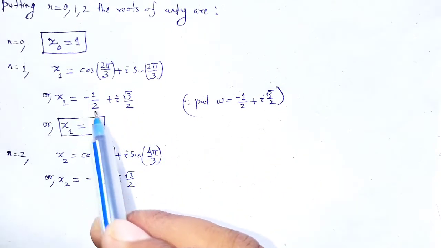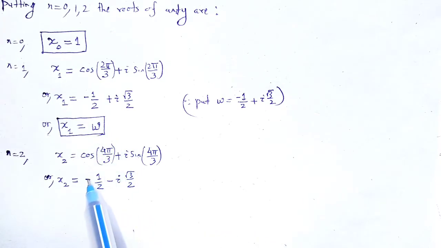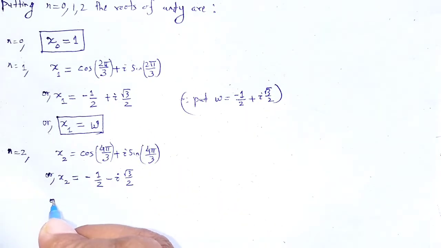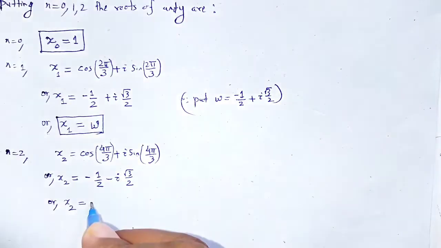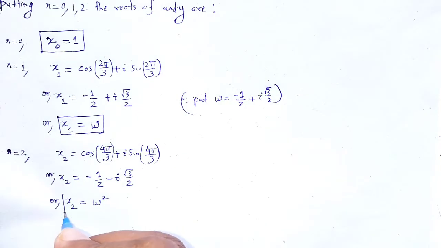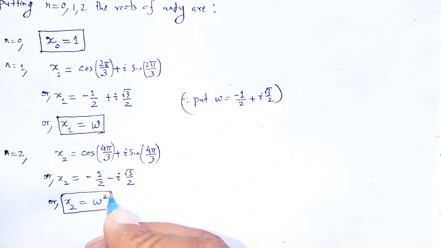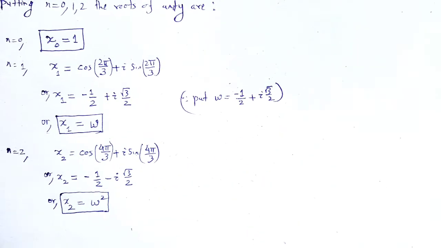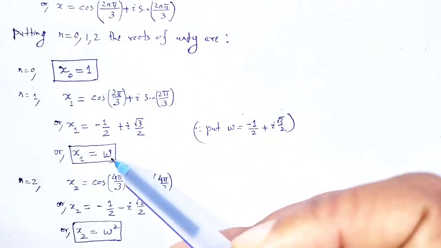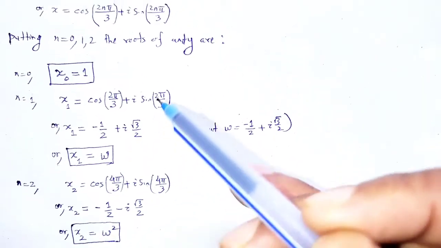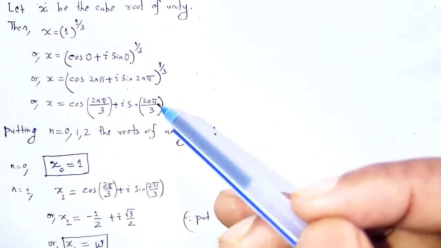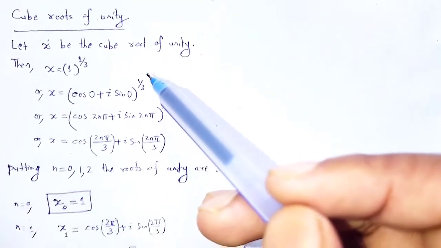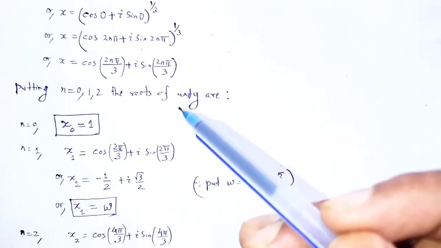When we take the square of omega, we have that value as minus half minus I root 3 by 2. Therefore, x2 is written as omega square, that is another root of 1. So the 3 roots of unity, 1, omega and omega square, are found by using the formula for deriving the roots of a complex number. In this way, we derive the cube roots of unity.